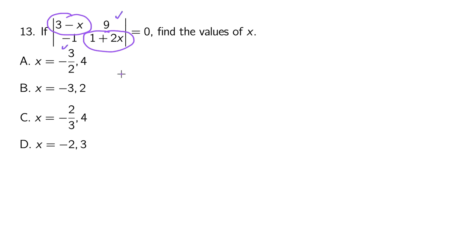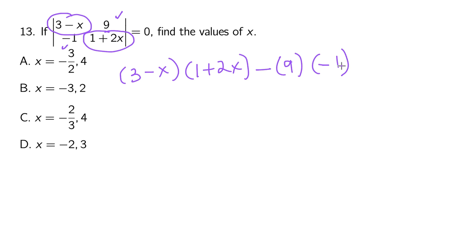So we have 3 minus x times 1 plus 2x minus 9 times minus 1, and this is equal to 0. So we expand it out to see what we get.